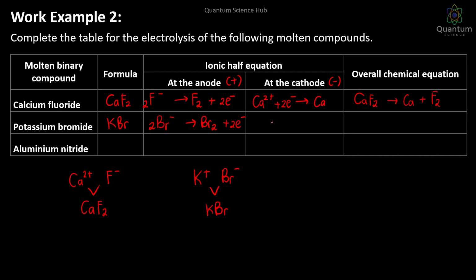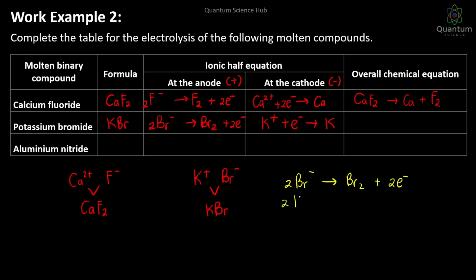Next, what about the cathode? It should be K+ plus an electron will become a potassium atom, right? Now, this is the problem. You can see here at the anode we have 2 electrons, but at the cathode we have 1 electron. Okay, so how to solve this? So at the anode, just rewrite it. 2Br- will become Br2 plus 2 electrons, while for the ionic half equation for the cathode, we times all with 2.